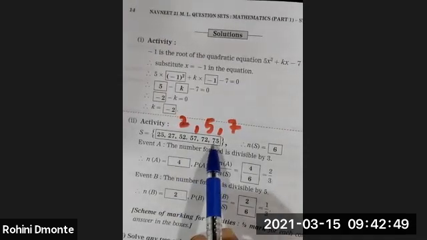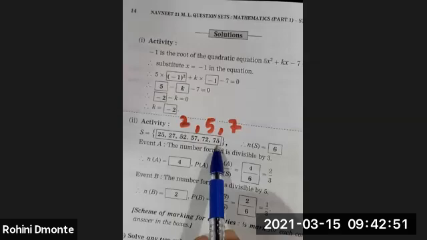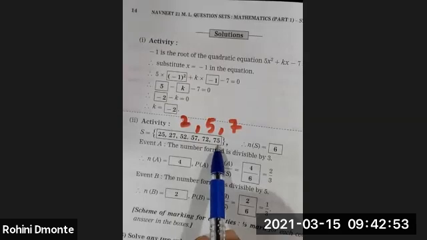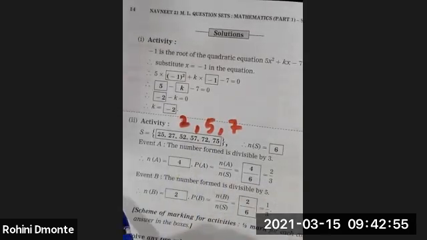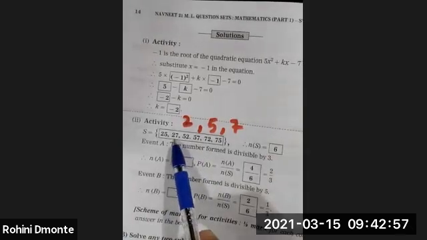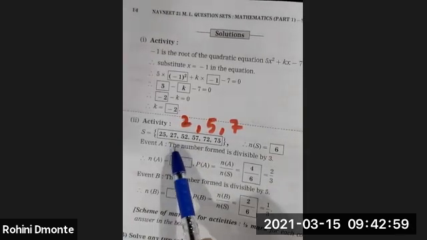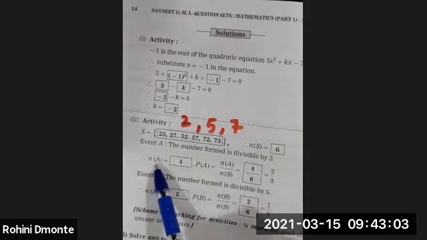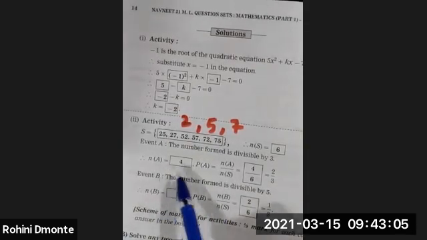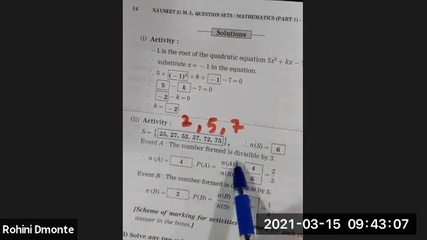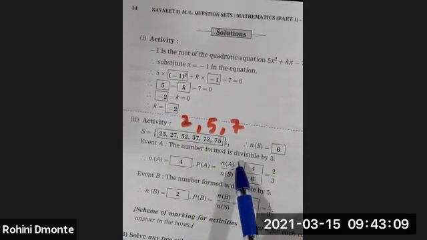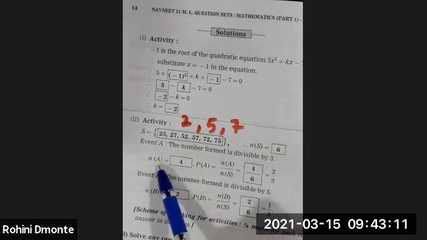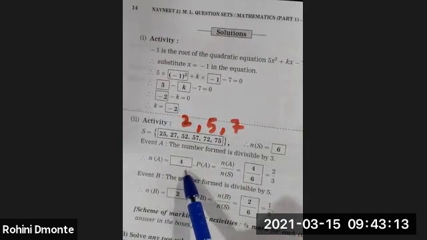Now 75: 7 plus 5, 12. 12 is divisible by 3, right? Like this, 4 numbers are coming. Which numbers? 27, then 57, then 72 and 75. So how many outcomes will there be in event A? The numbers formed that are divisible by 3: the sample points are coming as 4, right?